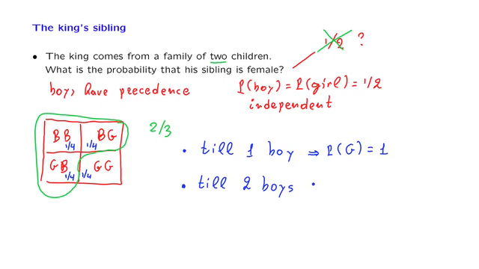In this case, if we are told that there are only two children, this means that there were exactly two boys, because if one of the two children was a girl, the royal family would have continued. So in this particular case, the probability that the sibling is a girl is equal to 0. And you can think of other scenarios as well that might give you different answers.